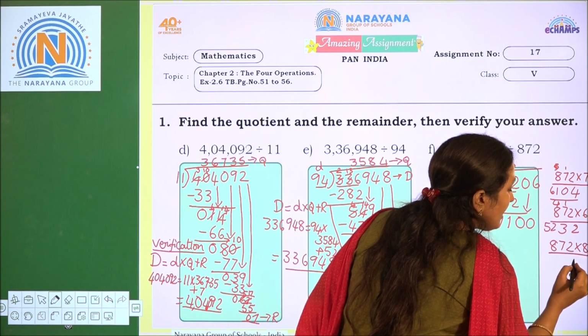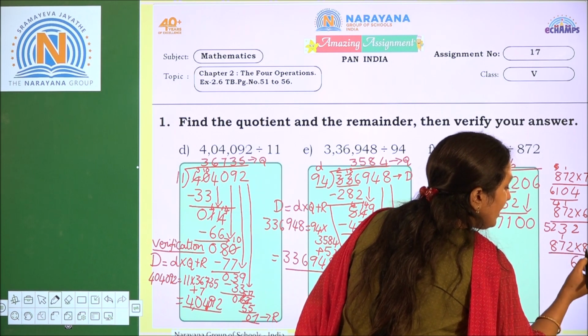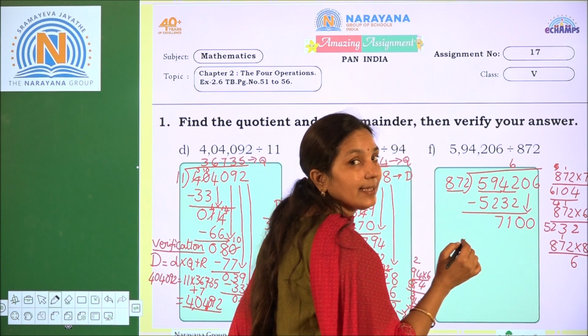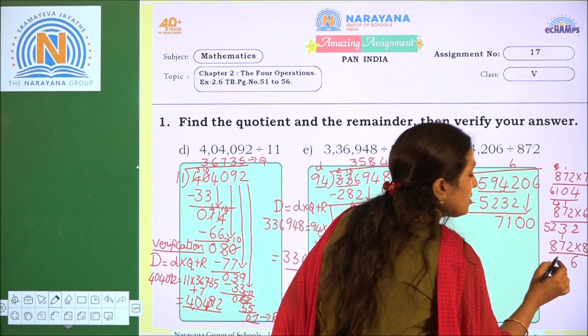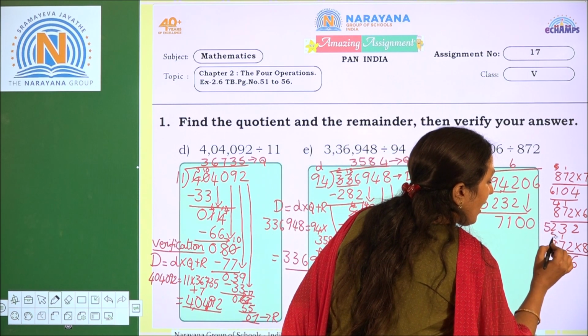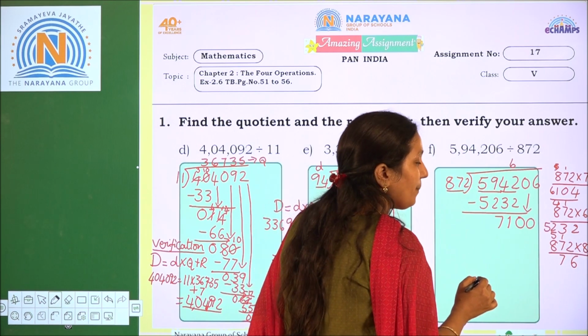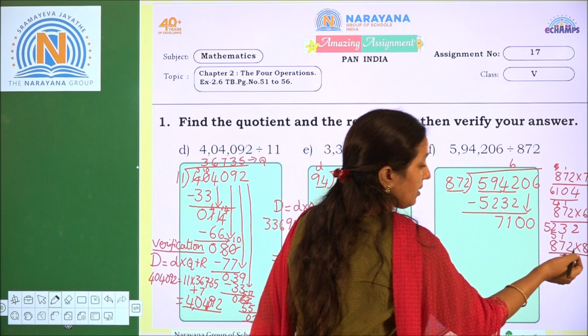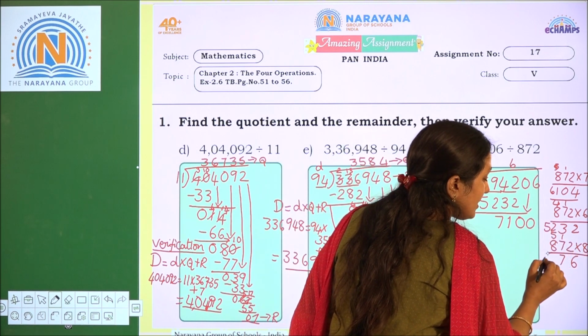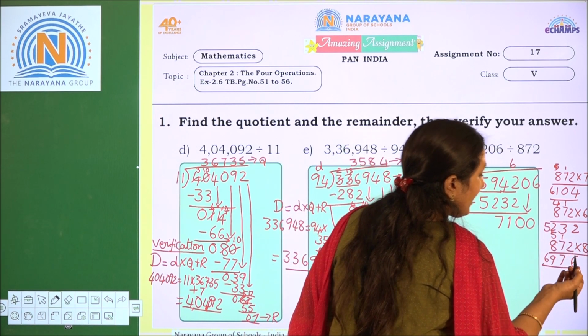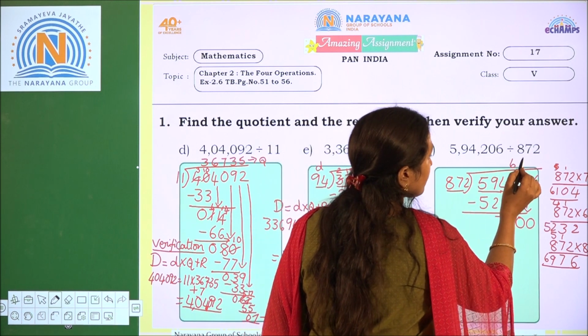So 8 2's are 16, carry 1. 8 7's are how much? 8 7's are 56 plus 1, 57, carry 5. 8 8's are 64 plus 5 is 69. So you can take 8 times.